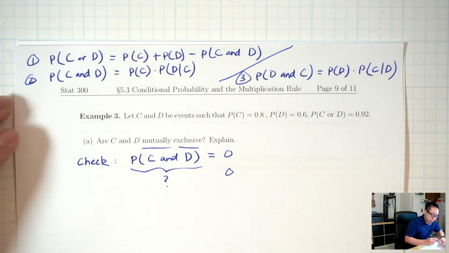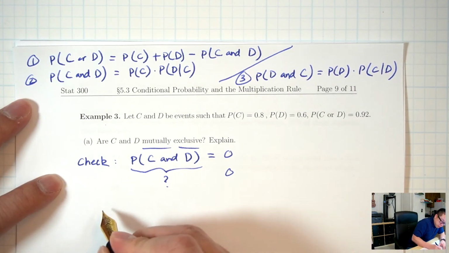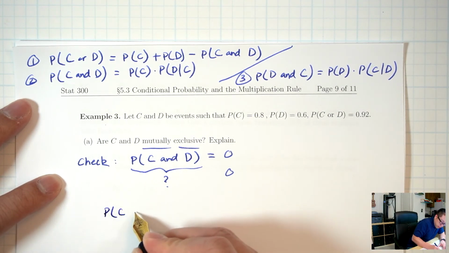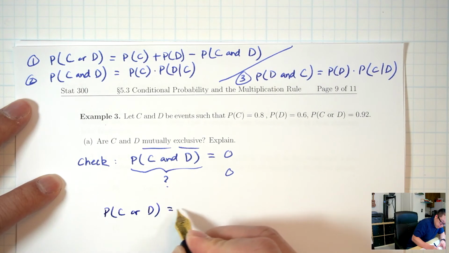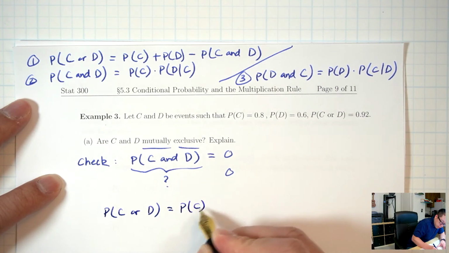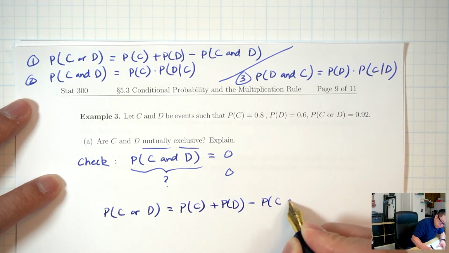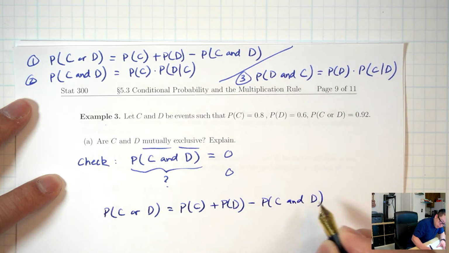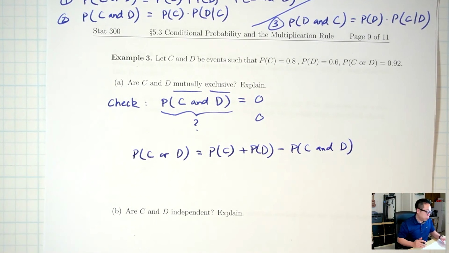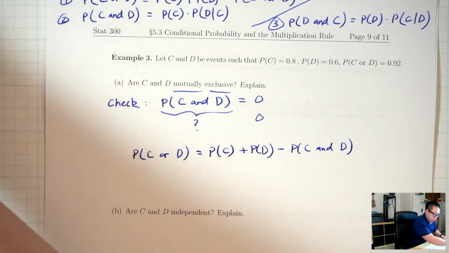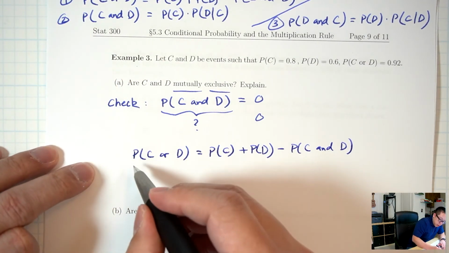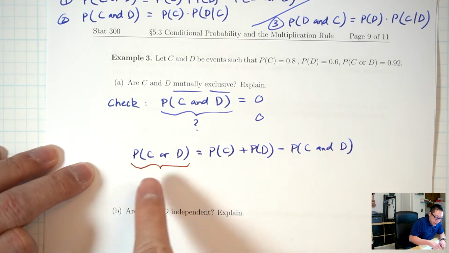So I'm going to rewrite equation 1. And then go through and fill in what you know. Okay, so C or D, so this entire thing, I do know.